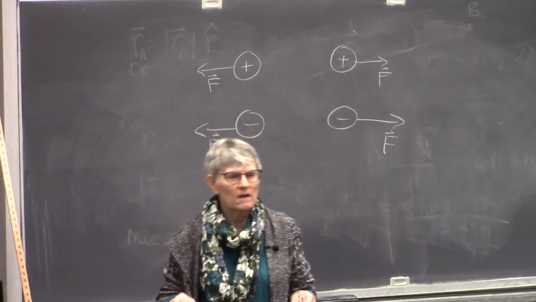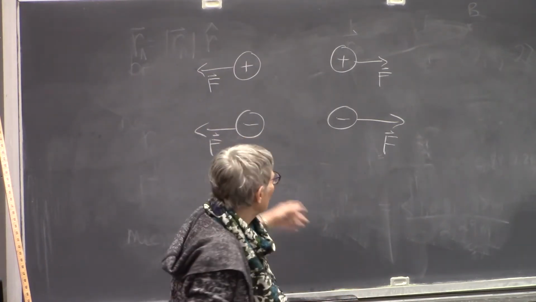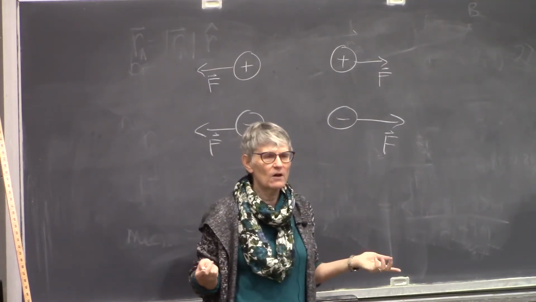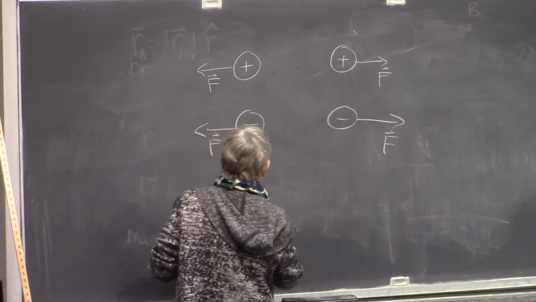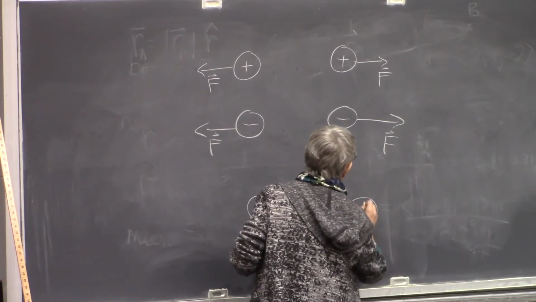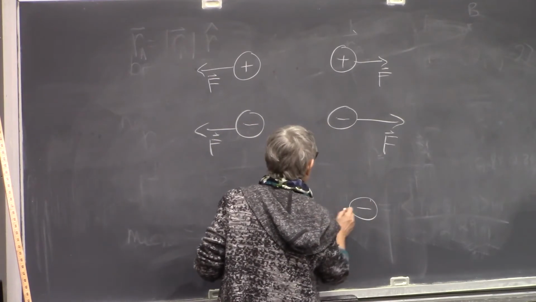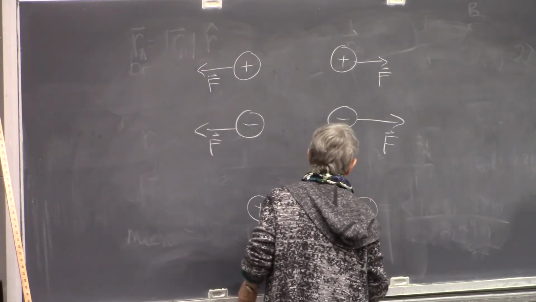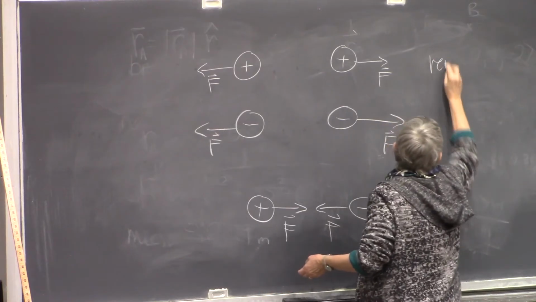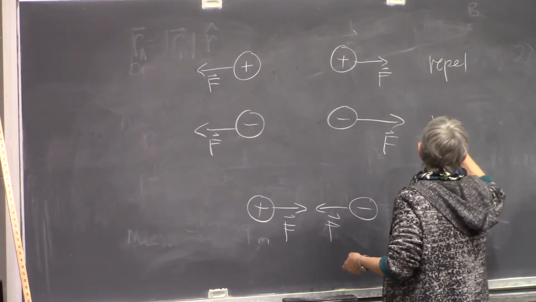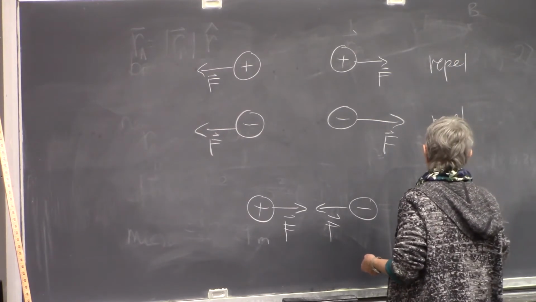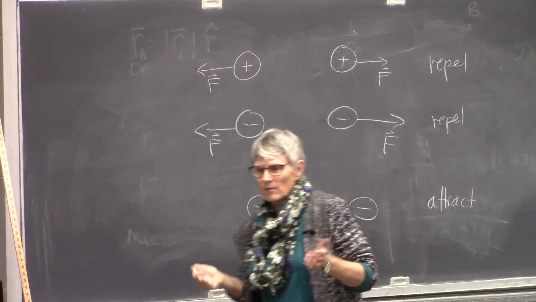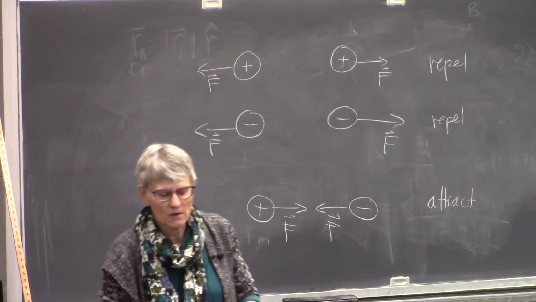So objects with like charges, two positive charges, two negative charges, they repel. Objects that have opposite charges, a positive and a negative, actually attract each other. So that's the fundamental experimental basis on which we start.